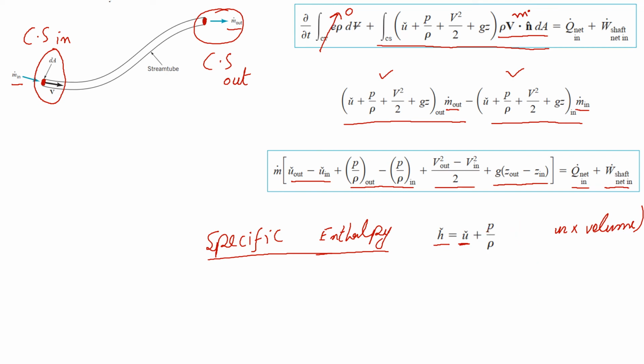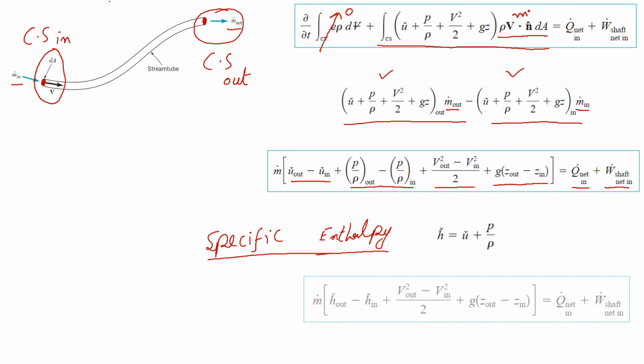So combining all these terms, the internal energy and the pressure over density terms, and writing this equation in terms of enthalpy, this is how we can write our energy equation in terms of enthalpy as well. That is the net enthalpy, that is the net velocity, and that is the net potential energy, and that is overall equal to the net rate of heat transfer and the net rate of work transfer to the shaft.